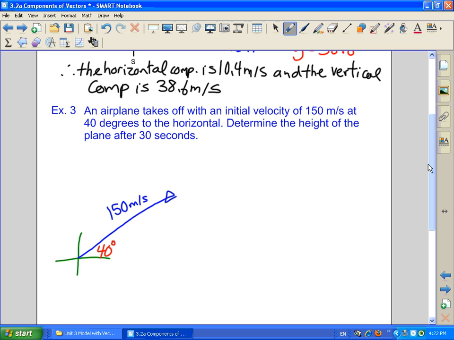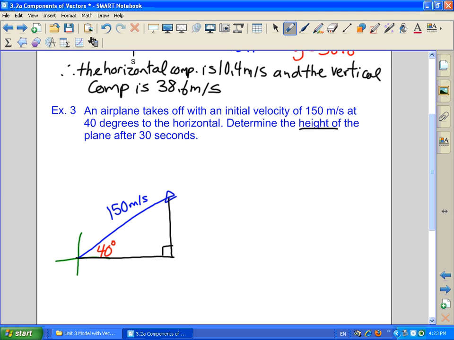Okay. All we need to do, folks, is to drop a right triangle down, and then we have to find out what the question actually wants us to find. It says determine the height of the plane after 30 seconds. Okay. So what we need to do is decide, do we need the horizontal or the vertical displacement?